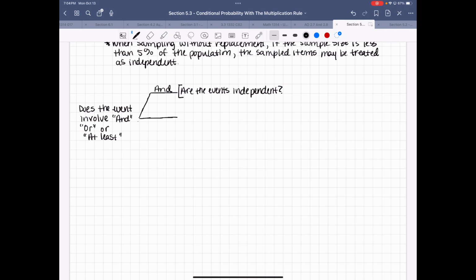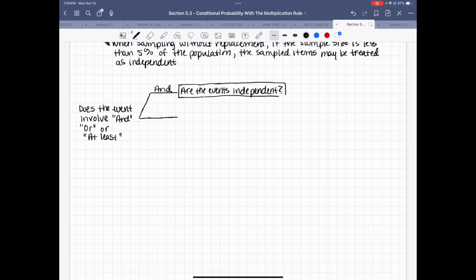You know, I threw several out there with the probability of A and B, and then we had the probability of A or B. This chart tells you which one to use when, okay? So, if it involves and, like the probability of A and B, we ask ourselves, are the events independent? Okay? They actually put this in a little box for you.